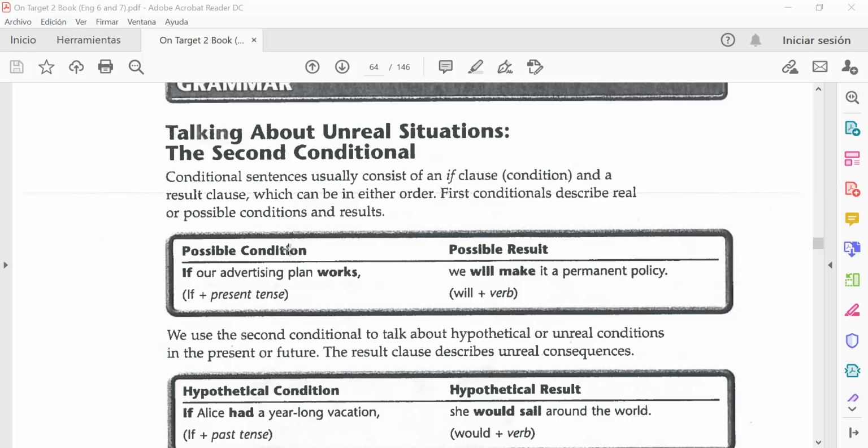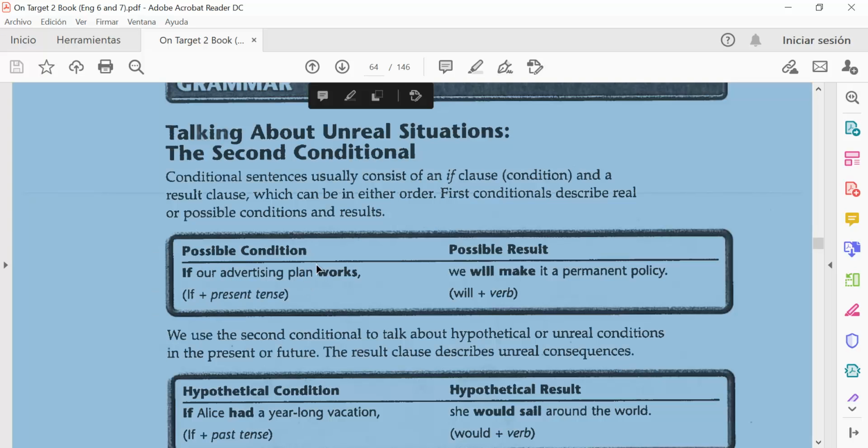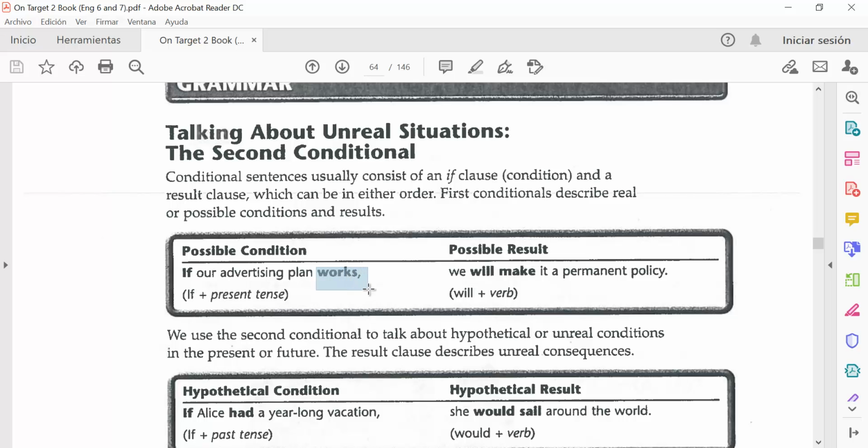So that is the condition clause. That means that if this happens, then you are going to get a result. So the conditional clause is formed by two parts. You have the particle if, and you form it with the simple present of the verb. This is the first conditional.